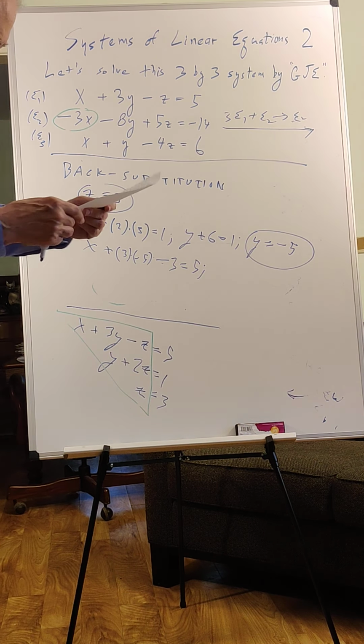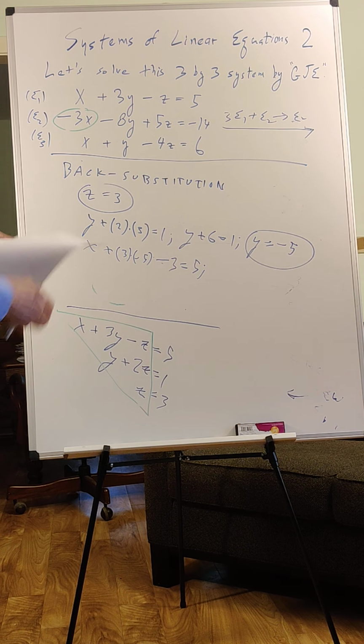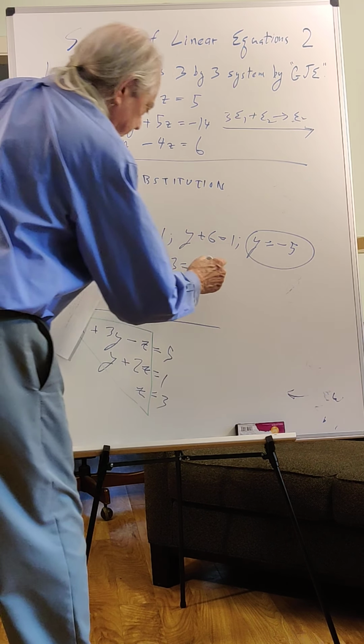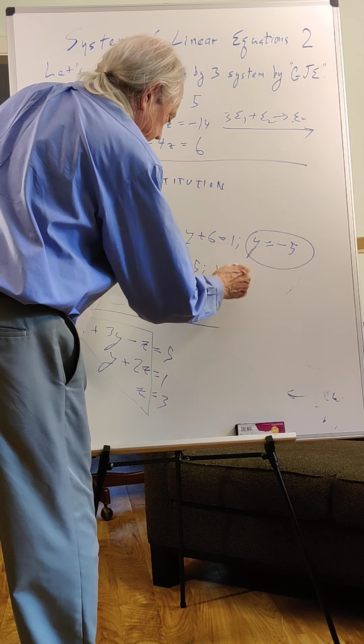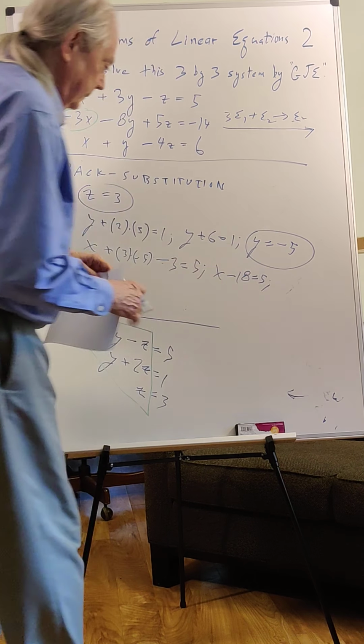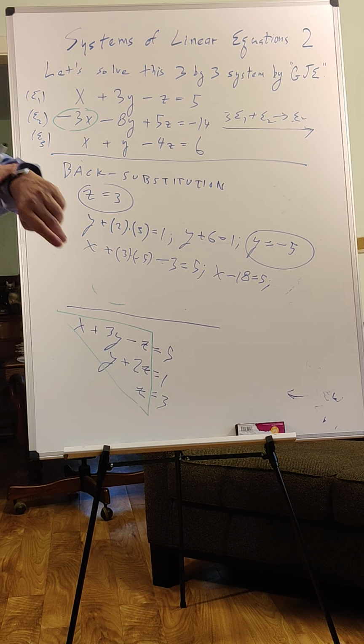And that's right. So x minus 18 is 5. So now we add 18 to both sides, and we see that x is 23.